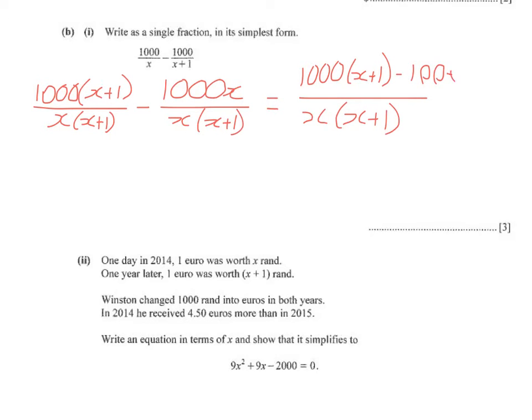Now this does look particularly messy with this stylus. I hope you'll forgive how poor this is looking at the moment. Right, moving on then. It then says I've got to give it in its simplest form. I have written those as a single fraction now, but it's got to be in its simplest form.